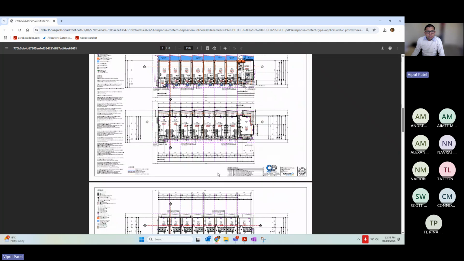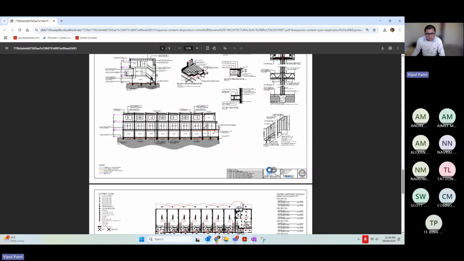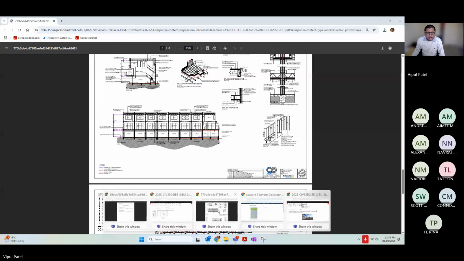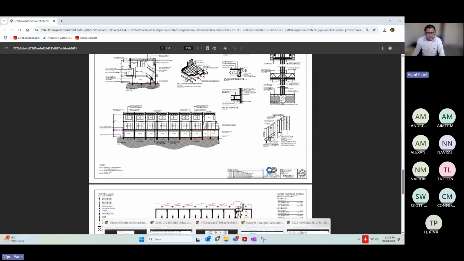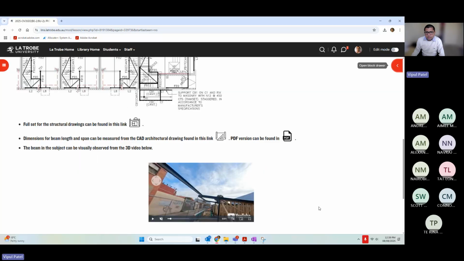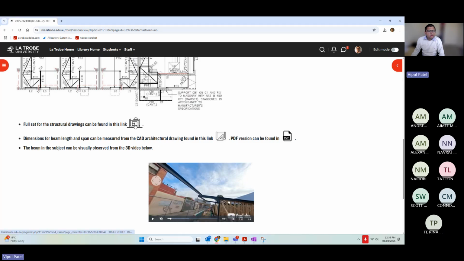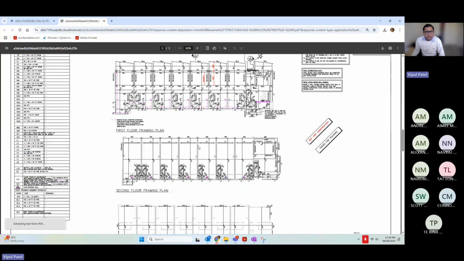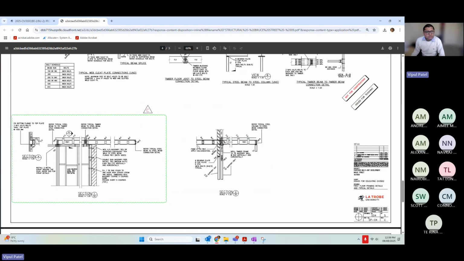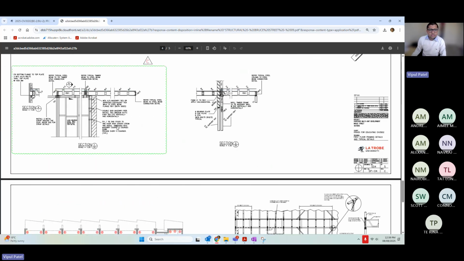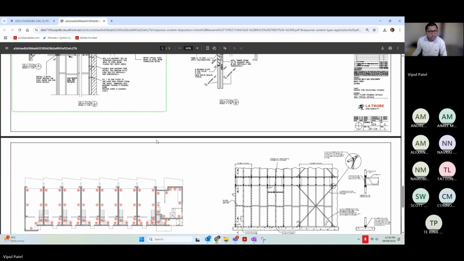This one is architecture. I'm not sure if you have the structure one. Okay, let's download that one. Structure. Here you go. All right, in the structural engineering drawings, we have these beams. Here it is. I think this would be the best view for these.